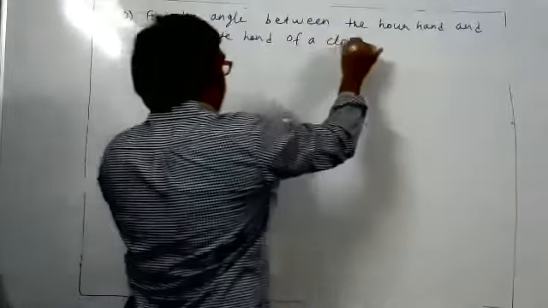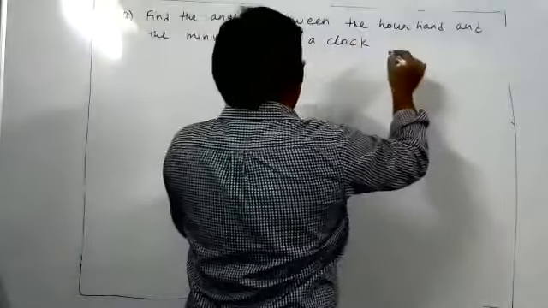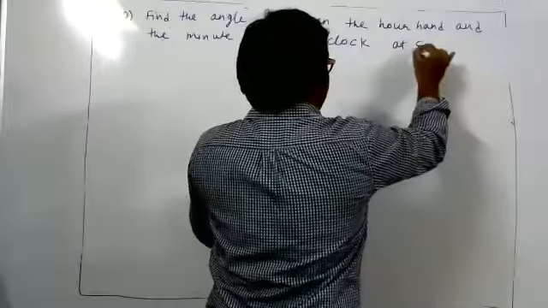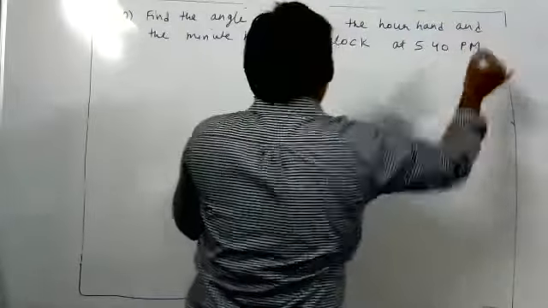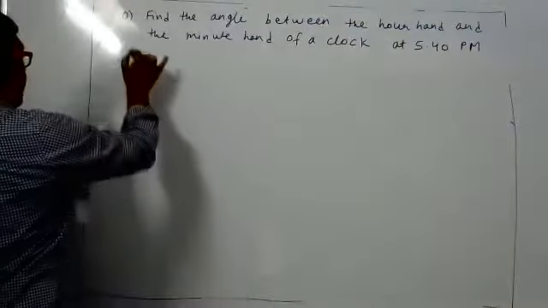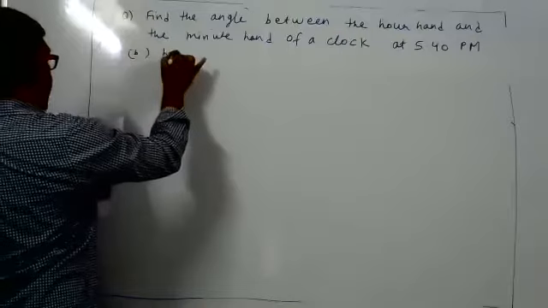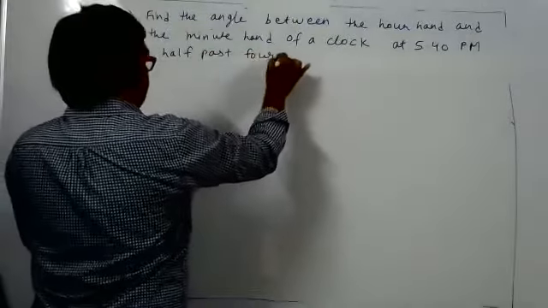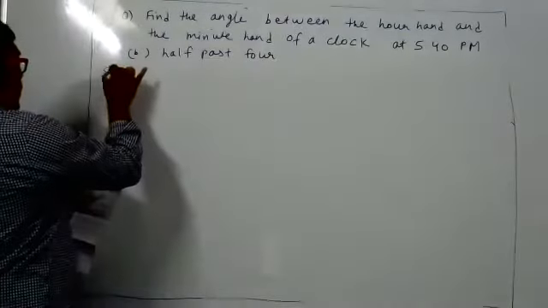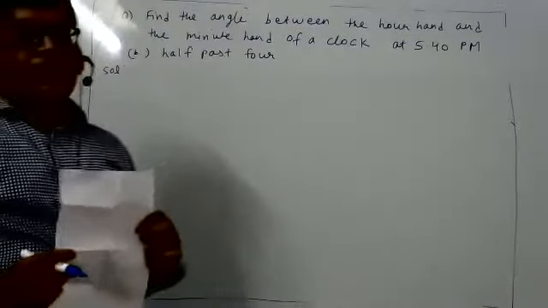They are especially mentioning the clock at 5:40 p.m. Part B is 4:30. This is the question. Two parts are there. First one I will do, second one you try later.